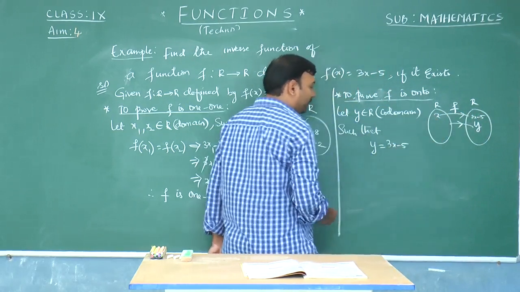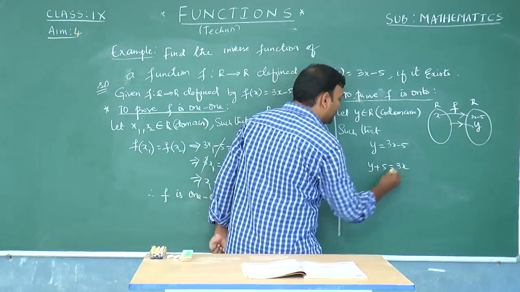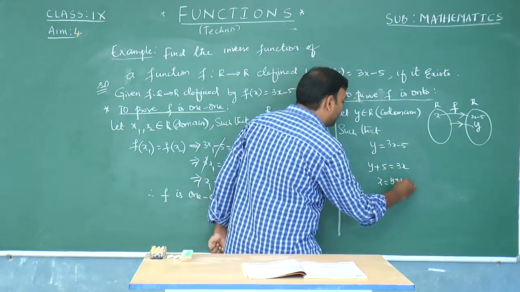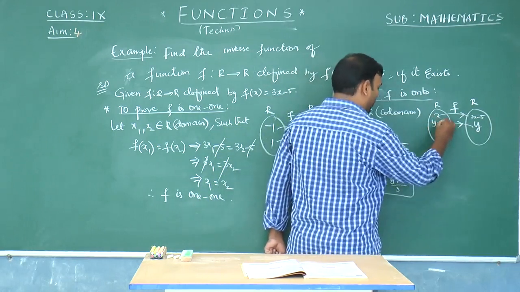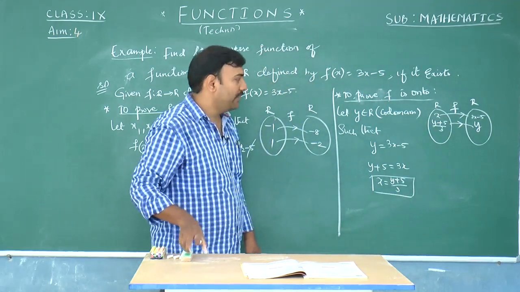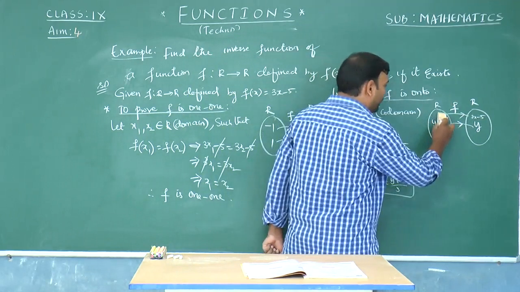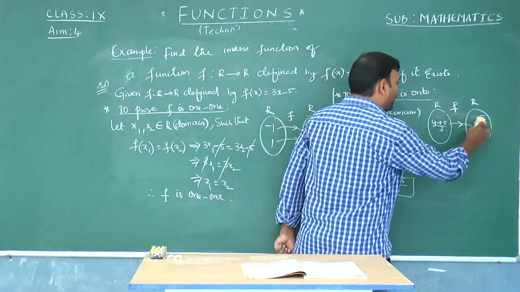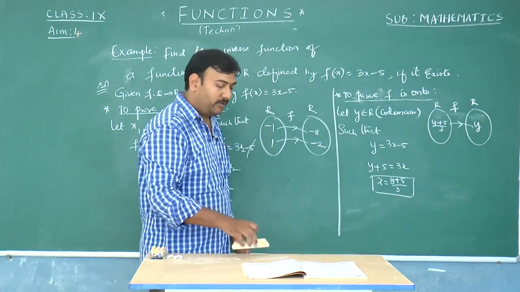We get y plus 5 equal to 3x, so x is equal to (y plus 5) by 3. So I got the x value as (y plus 5) by 3. Anyhow, by using the image rule, I got the pre-image rule, so it is not required to write the image rule in the diagram. I'll remove it. Now, with the help of the image rule, I got the pre-image rule.